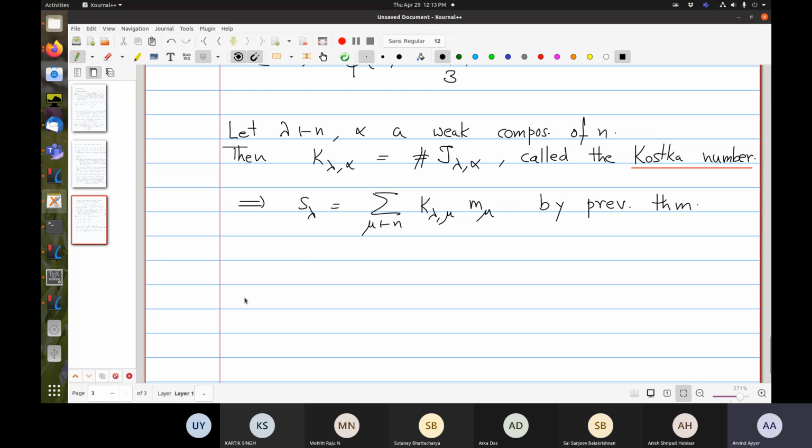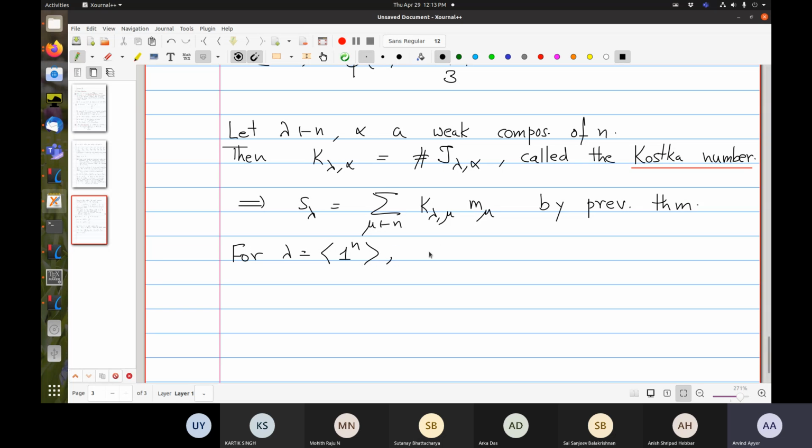Right. So I should tell you that these numbers are in general hard to compute. So there is no clean formula known for these in general. For lambda equals 1 power n, remember I showed you the frequency notation last time, so this is just the partition 1 written n times.